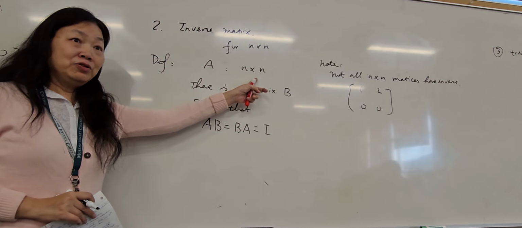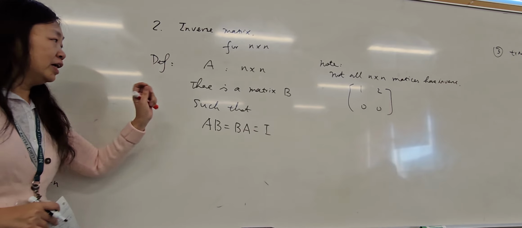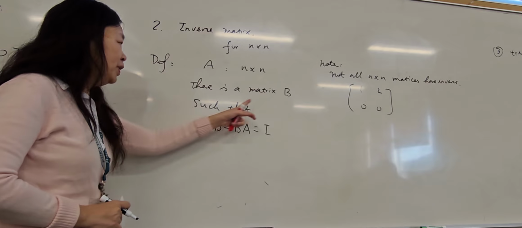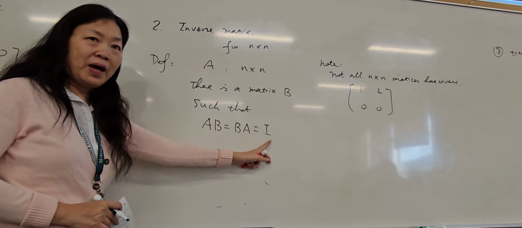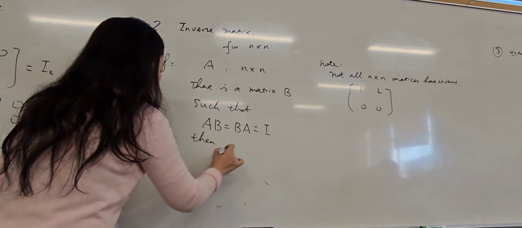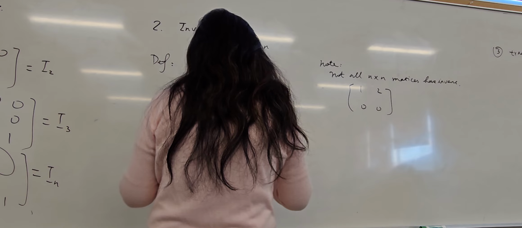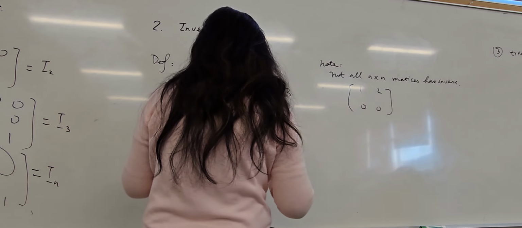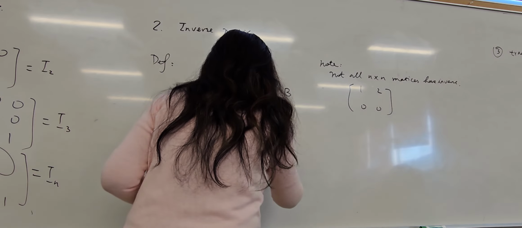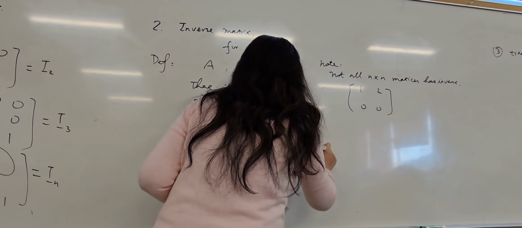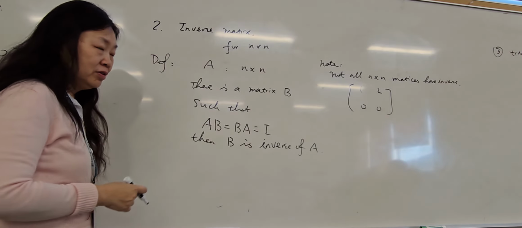So, if A is an n by n matrix, and I want to know if there's an inverse matrix for A, then I need to find a matrix called B. If B gives me this property, that A times B and B times A both equal I, then B is the inverse of A. Now sometimes they use A inverse to denote the inverse.